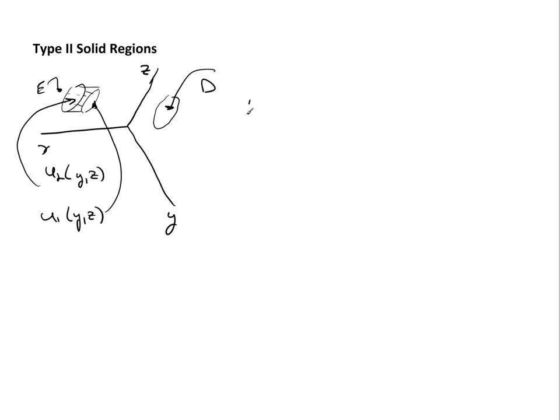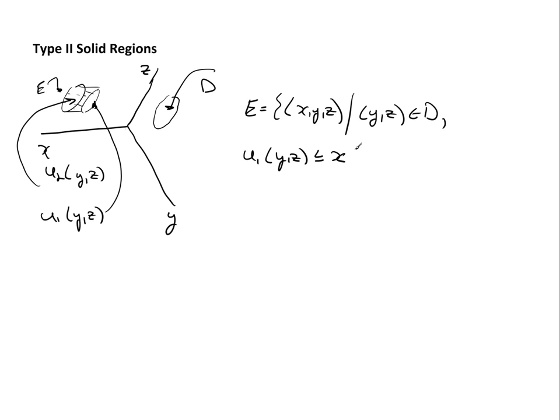So we can say that the solid E is going to be the set x, y, z such that y, z is in D, and u1 of yz is less than or equal to x, because x is now my third dimension here, which is less than or equal to u2 of yz.